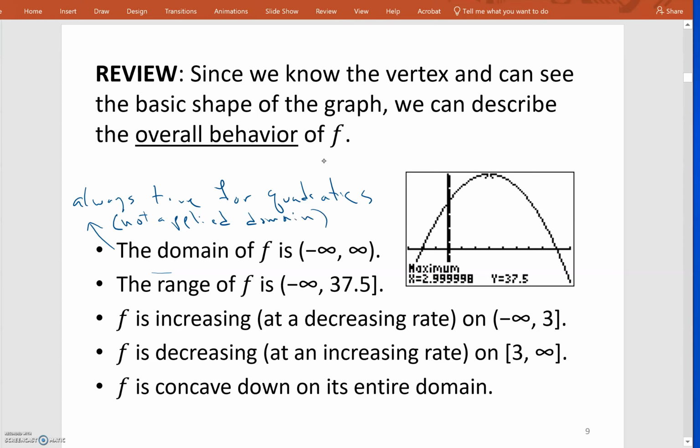In other words, as long as we're just looking at this as a math function that doesn't have time as a variable, the domain's going to be all real numbers. But it's very common that we restrict this in terms of a word problem.